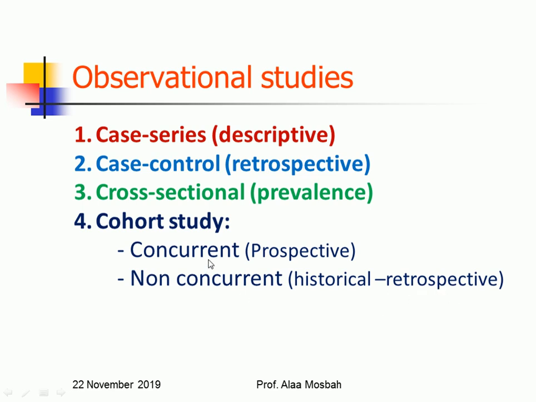So, concurrent and non-concurrent in cohort. Cross-sectional, consider the prevalence. If you wanted to search for the prevalence of a disease, we will use cross-sectional study. Prevalence. Case control, always retrospective study. Case series or case reports, descriptive, always descriptive.